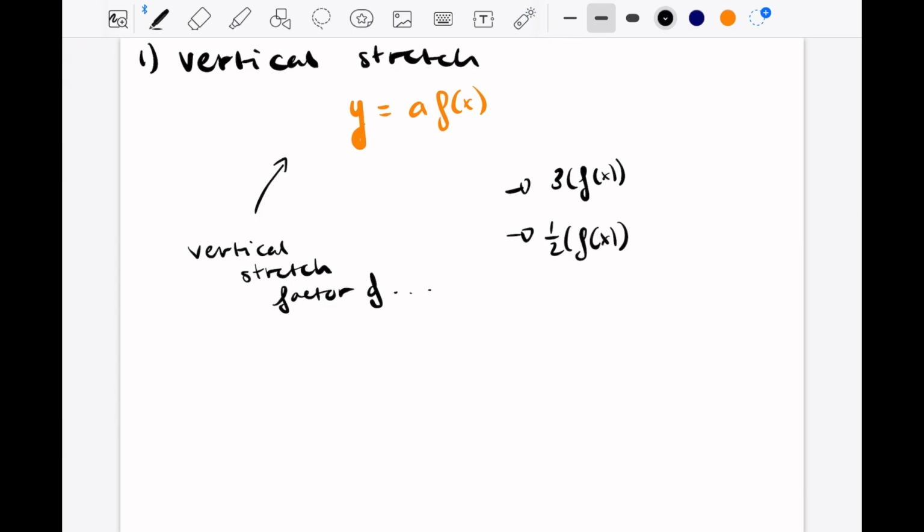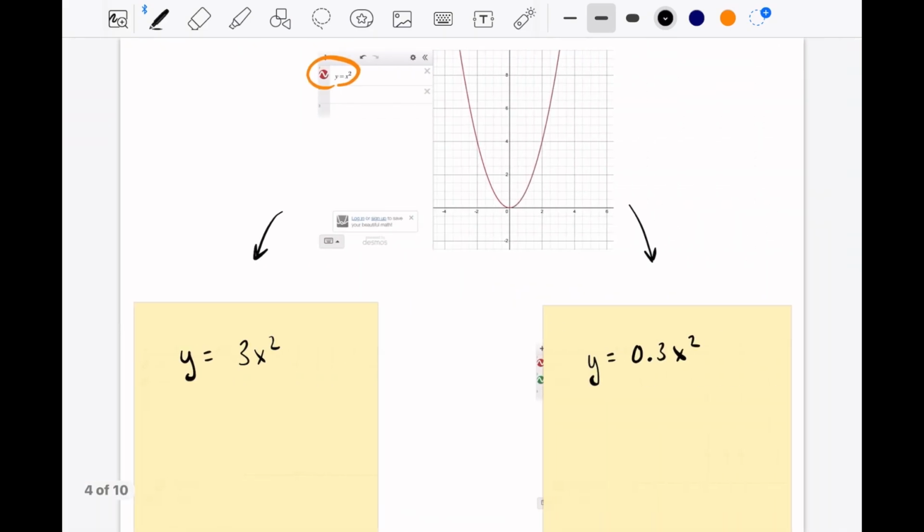Now, what might this look like, and what generalizations can we make? Let's do a concrete example first to get a feeling. Let's say we have x squared, and I graphed this using Desmos. What do you think will happen if we have 3 times x squared, or if we have 0.3 times x squared? Have a little think about it, and then I'll reveal the answer to you. Let's start off with the 3x squared.